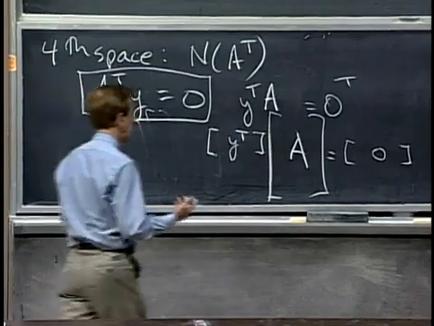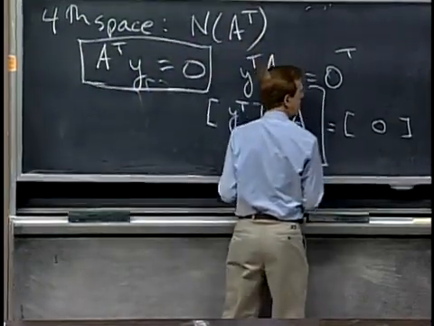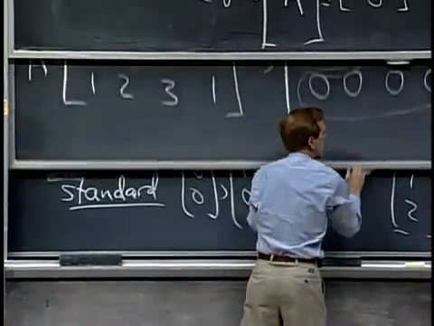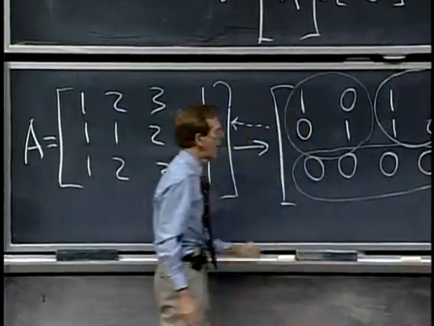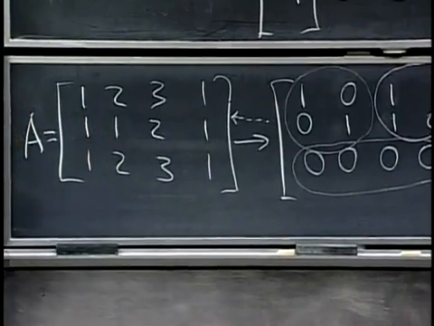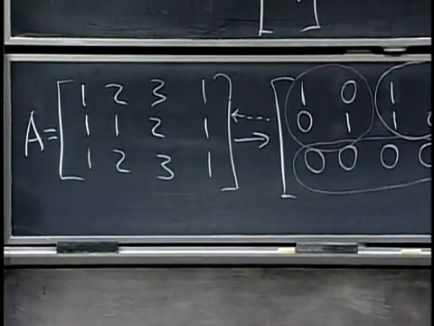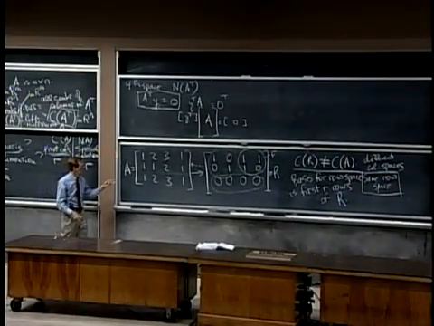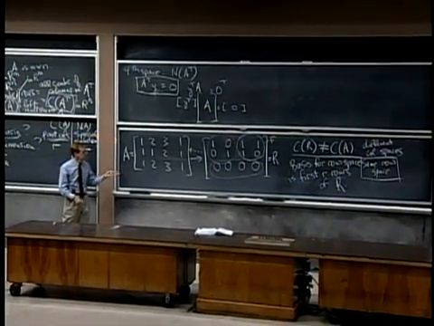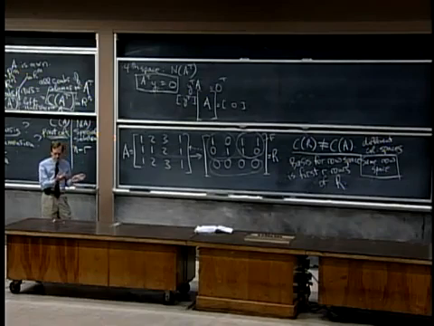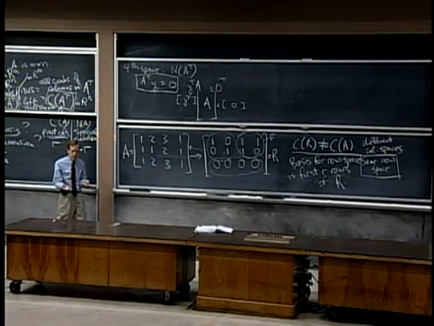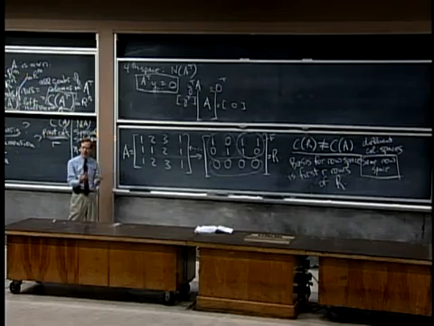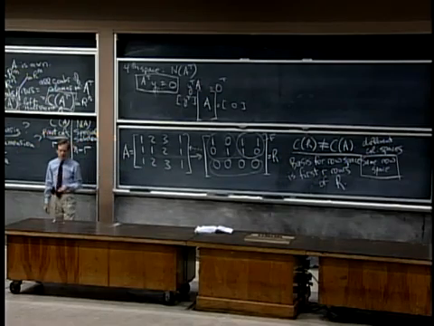Okay, I'll do it in the example. As always, not that one. The left null space is not jumping out at me here. I know which are the free variables, the special solutions, but those are special solutions to Ax equals 0. And now I'm looking at A transpose, and I'm not seeing it here.